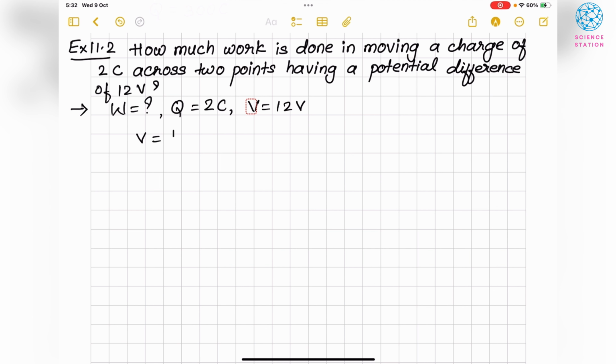So we know that V equal to W by Q. So from that W will be equal to QV. So that is 12 into 2, so that will be 24. So I got the work done as 24.